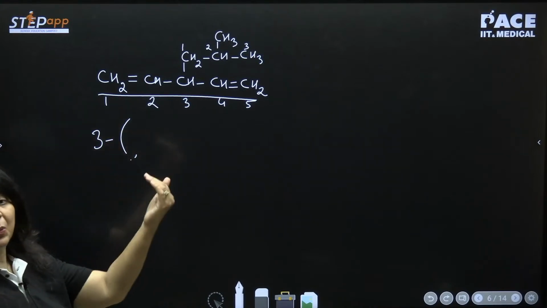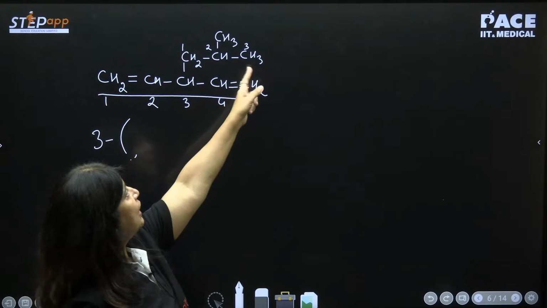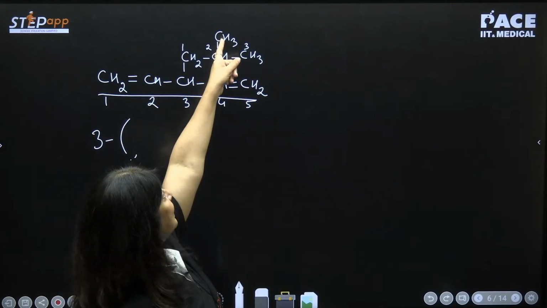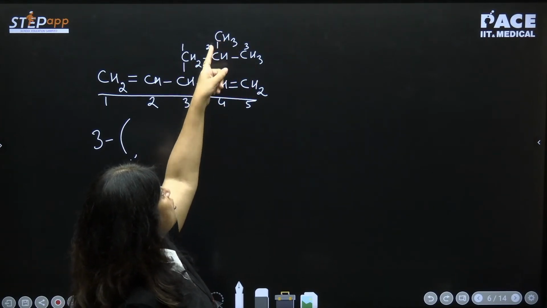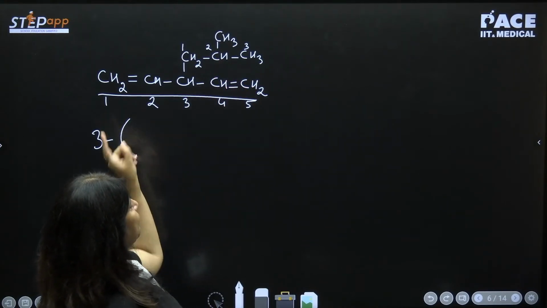A substituent is always written before the parent. Like for this propyl group, the parent is going to be this. But for this methyl group, the parent is going to be the propyl group. So methyl is to be written before propyl and propyl is to be written before this parent.